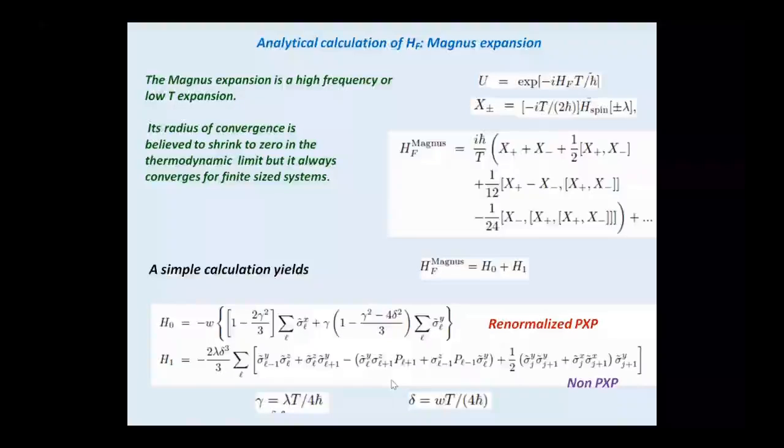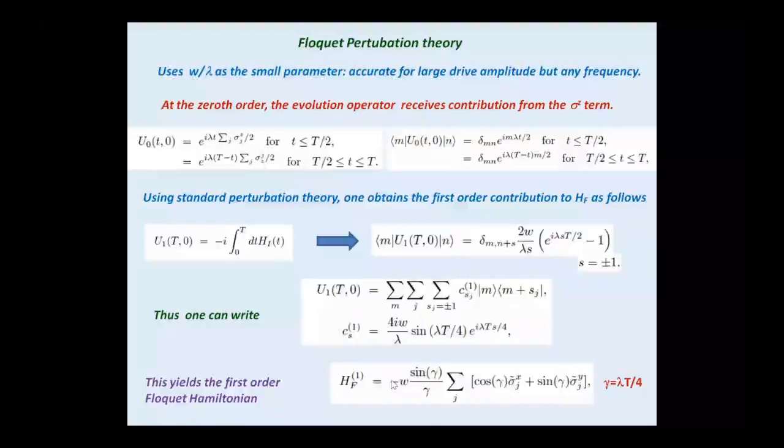To address that, we take a different type of perturbation theory, which doesn't take the frequency as the small parameter, but takes the inverse of the drive amplitude, that is W over lambda, as the small parameter. There is a technique for this, developed by Diptiman Sen and also by Nigel Cooper and Thomas Bitulowski.